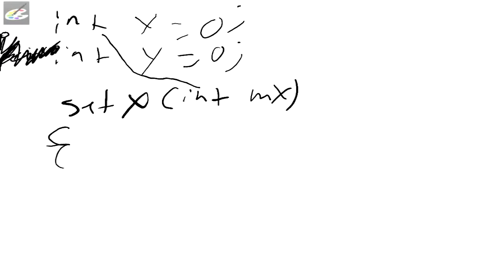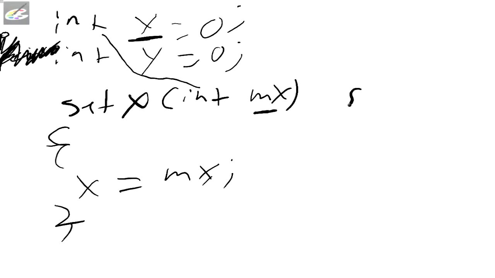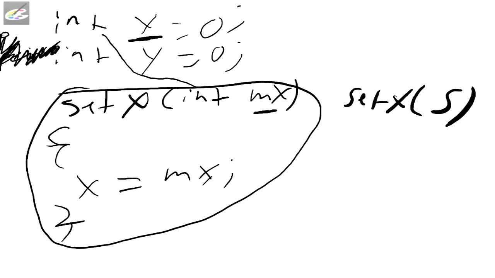Now when we go inside, we're going to set x equal to mx. So whatever we put in here as mx, now x equals. So let's say we pass in setX, we pass in a 5. Now this is 5 after we run through this method here.